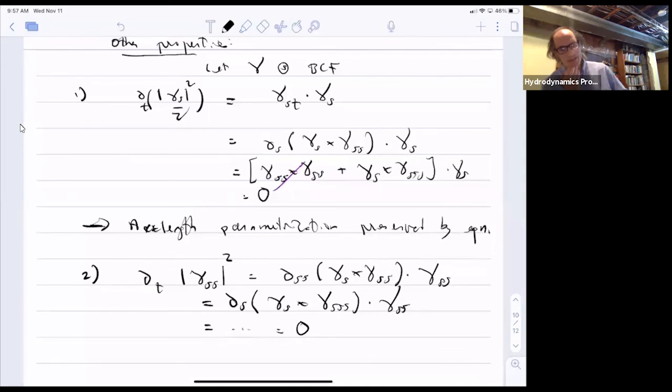So this is gamma_sst cross gamma_sst. Okay, so plainly I should have figured out beforehand what I was doing. Anyway, I'll stop this.